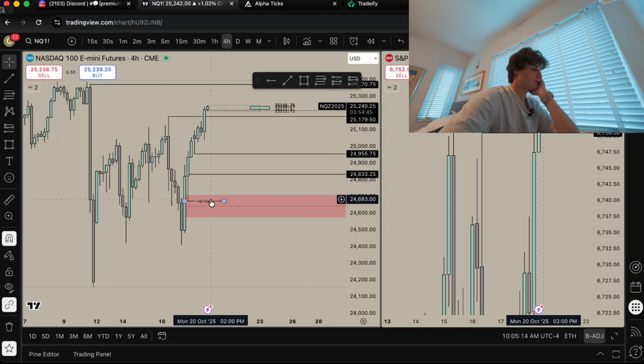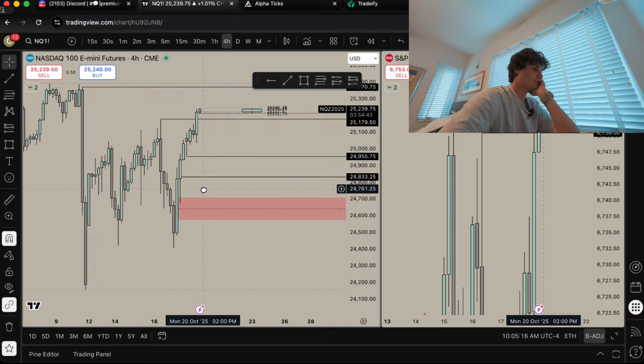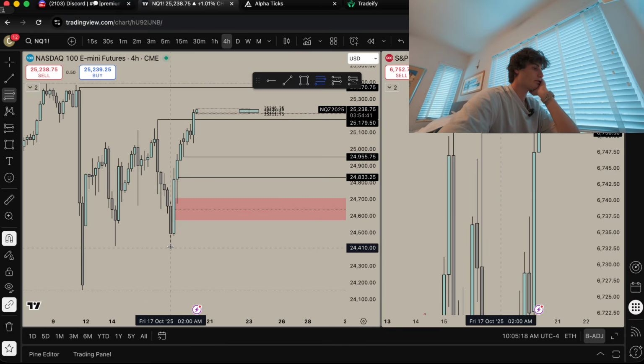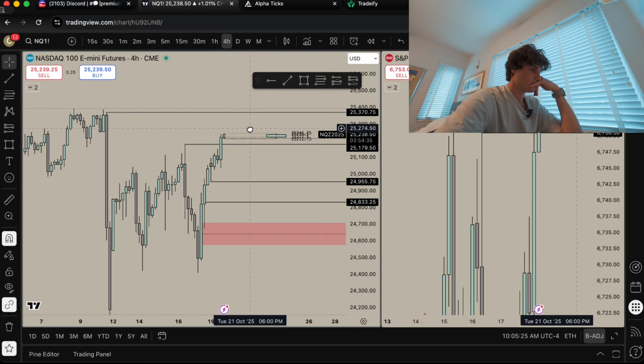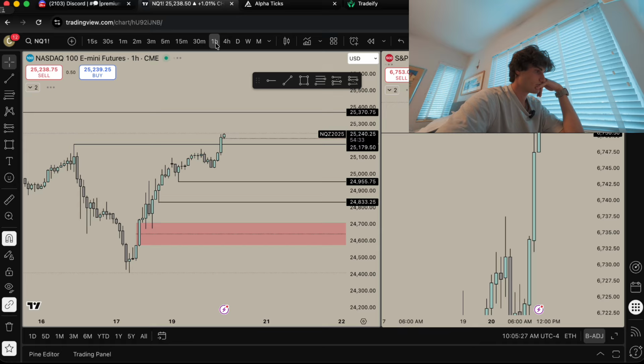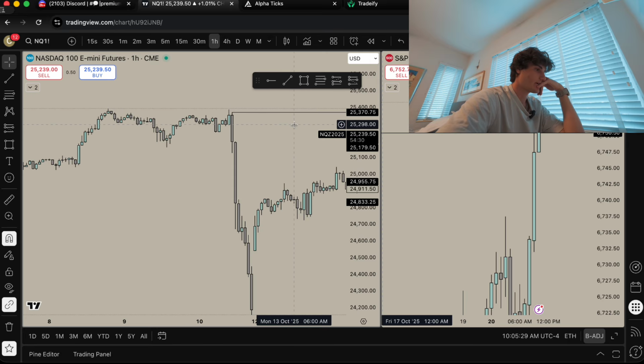Okay, no, I don't think these equal lows are getting hit. I think just from what this looks like, I don't even know. Do we have anything here on the hourly? Oh, we have this hourly gap.